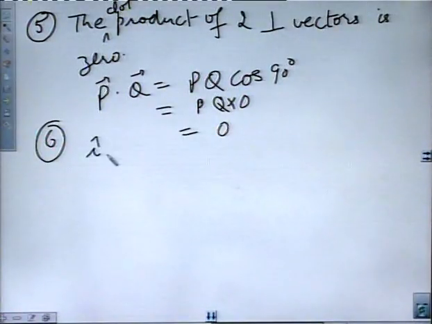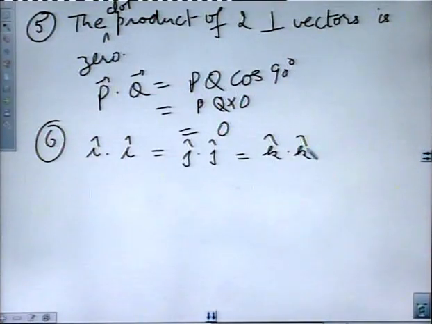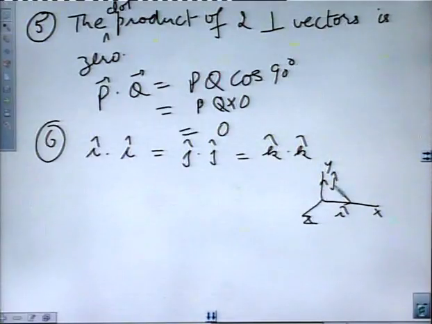If we take the dot product of I into I, J into J and K into K, unit vectors I, J, K, as we have stated earlier, I cap is the unit vector along x axis, J cap along y axis and K cap along z axis, their dot product is always equal to 1.